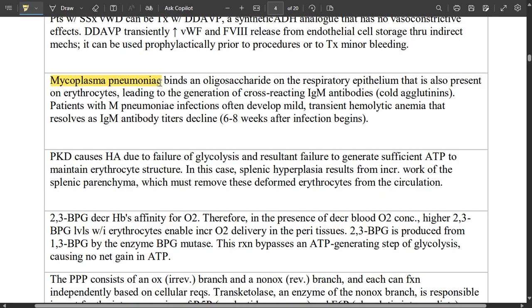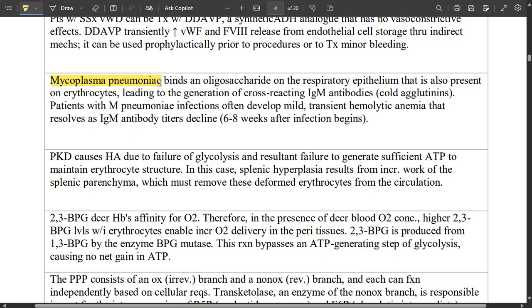So in the respiratory epithelium there is an oligosaccharide where Mycoplasma pneumoniae binds, and a similar oligosaccharide is present in the RBCs as well, leading to generation of cross-reacting IgM antibodies. These cross-reacting IgM antibodies are cold agglutinins.